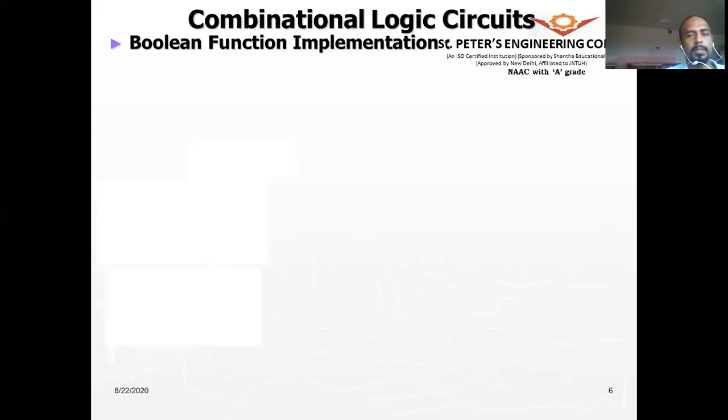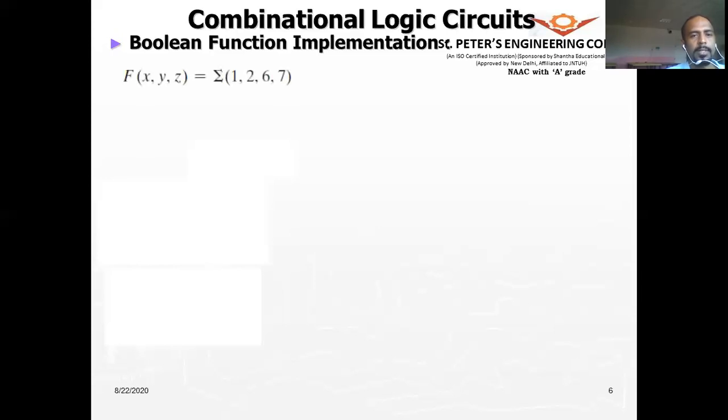We have seen that. Since the multiplexer is nothing but an extension of the decoder circuit, we can use the multiplexer also to implement the Boolean function. That is what we will be seeing in this video session.